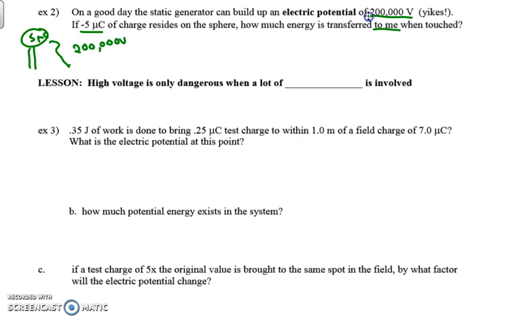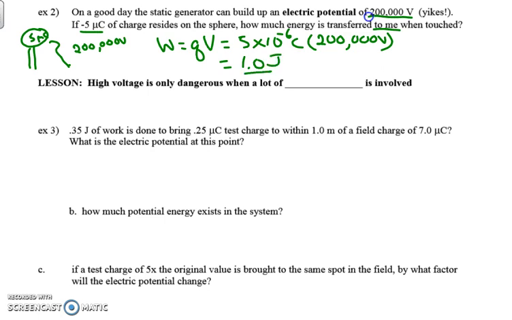So the energy acquired by me, I'll just call it W, is nothing more than QV. And my Q is 5 times 10 to the negative 6 coulombs, not a whole lot, but certainly more than an electron, times 200,000 volts. And multiply that out, and I get a whopping 1.0 joules.